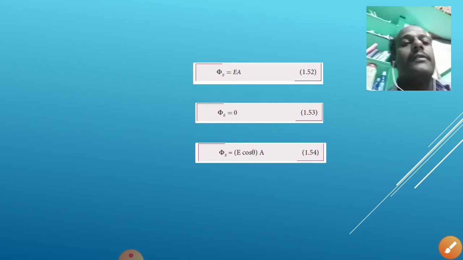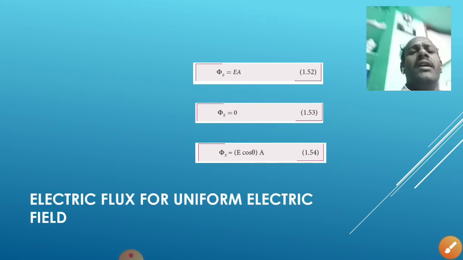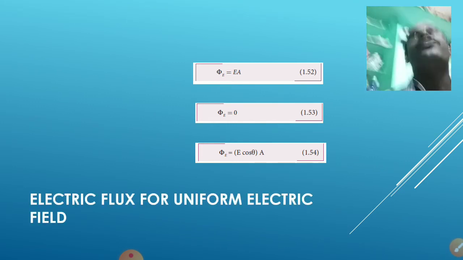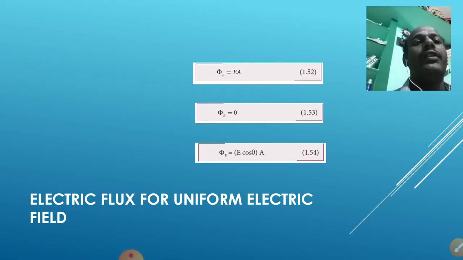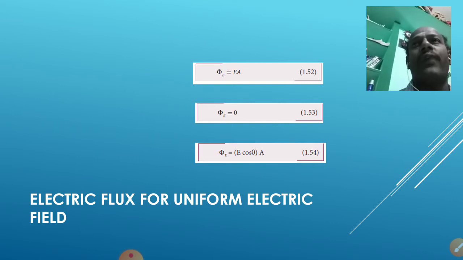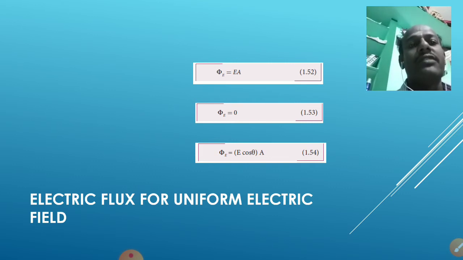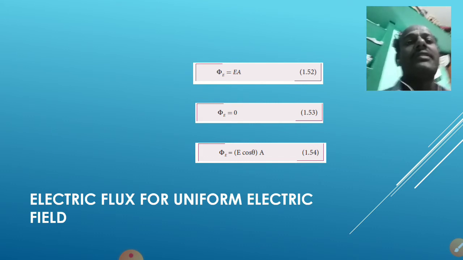Right. Now, electric flux for a uniform electric field. Here I have given you three different equations. The first is phi equals EA, the second is phi equals 0, and the third is phi equals E cos theta times A. All three equations give the definition for various occasions.